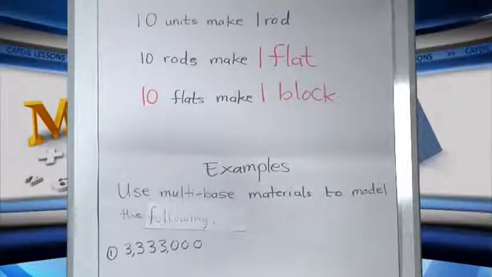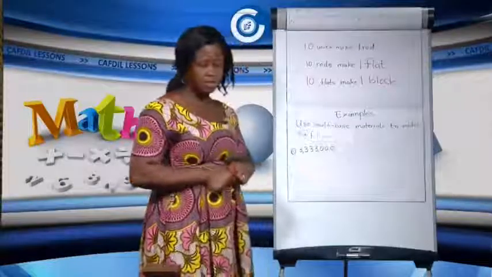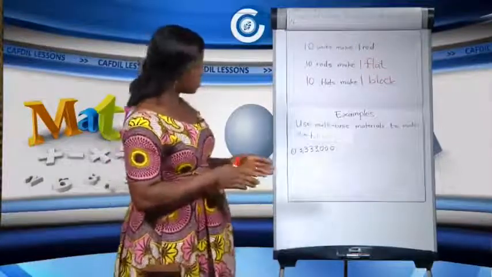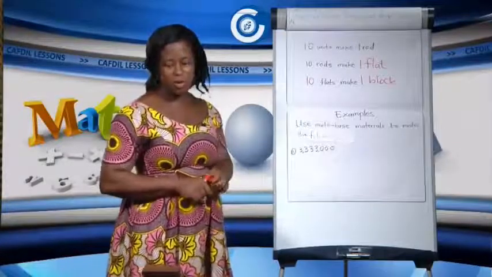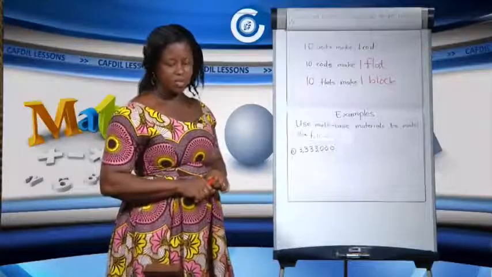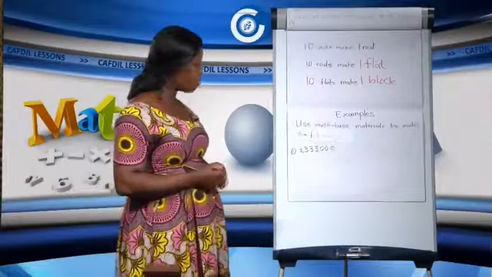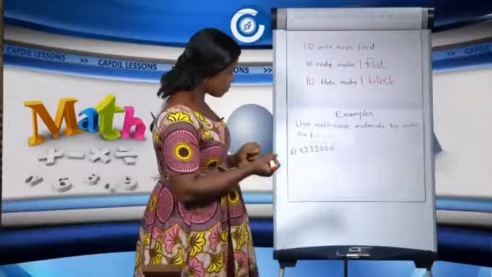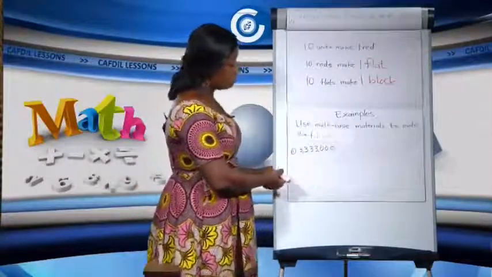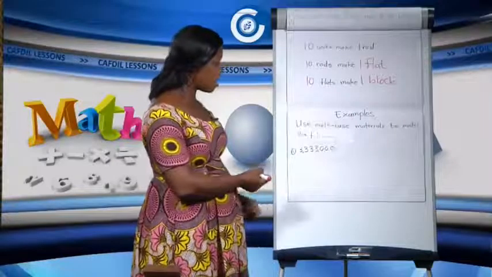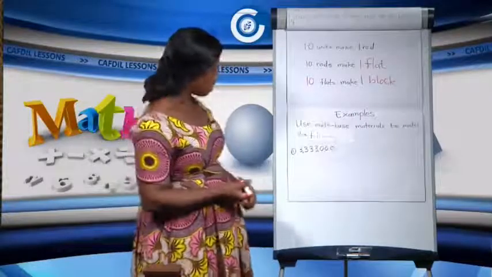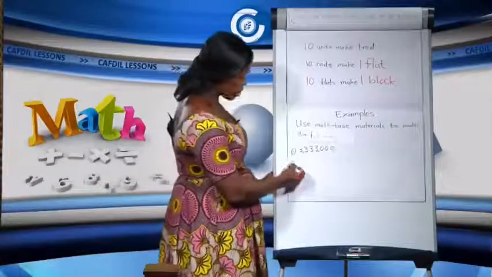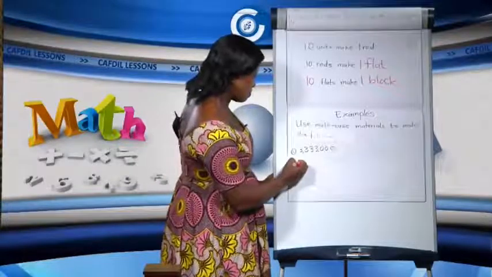Now, in modeling number quantities, you don't have to draw the block and then indicate all the small markings. It will waste time. So I'll show you how you represent the block here. Now we have 3 million, meaning we have to draw 3 of the blocks. So I'll start with my block here.